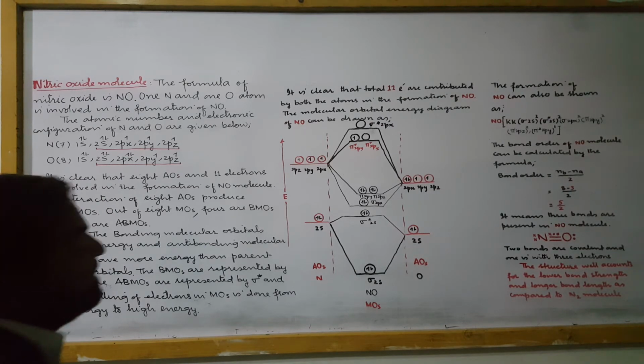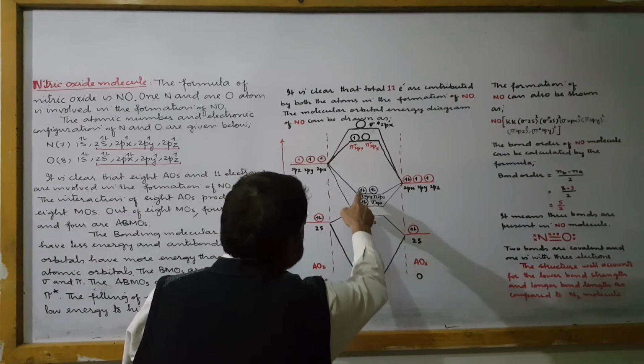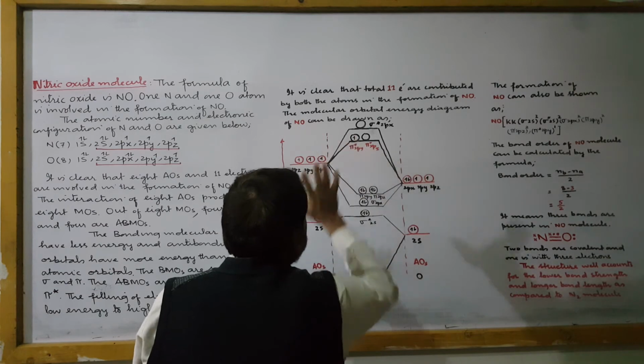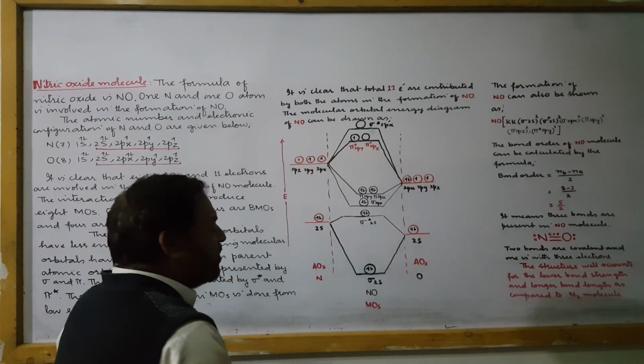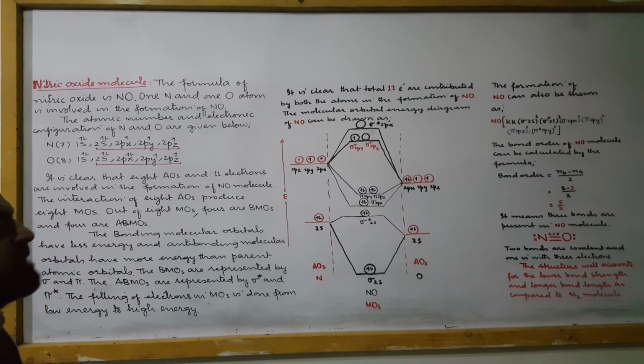The filling of electrons is done according to the Aufbau principle and Pauli's exclusion principle, and is shown here. There are 11 electrons in total: 10 electrons, and a single electron, the 11th. It means NO has an unpaired electron, so it must be paramagnetic in nature.